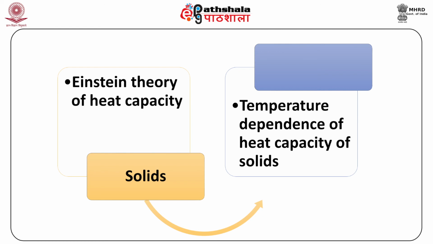Then we talked about the Einstein theory of heat capacities of the solids, and we showed how Einstein theory explains the variation of the molar heat capacities of the solids with temperature. And the term which was responsible for this variation was the Einstein function, which comes from the vibrational contribution.